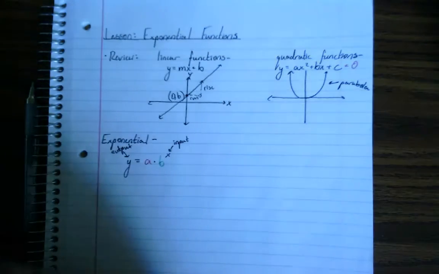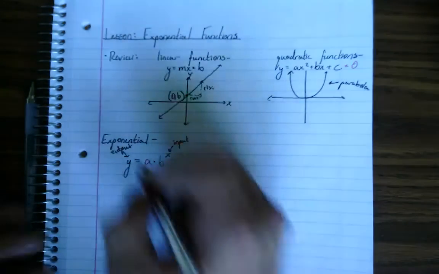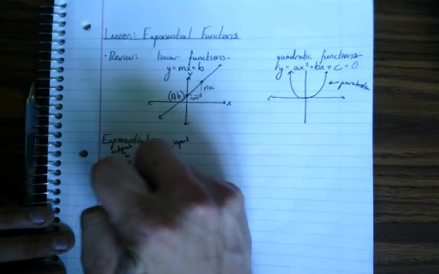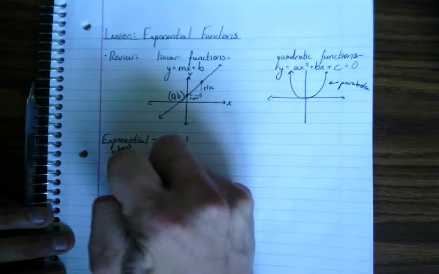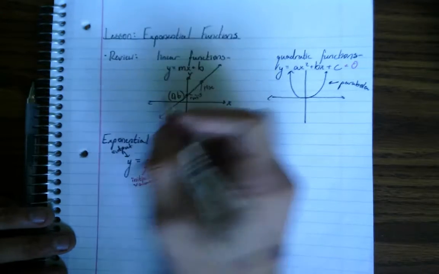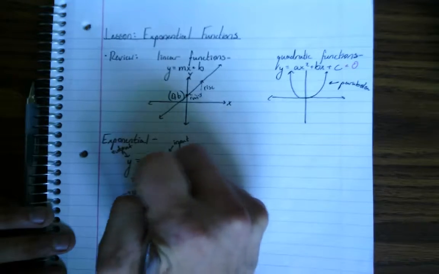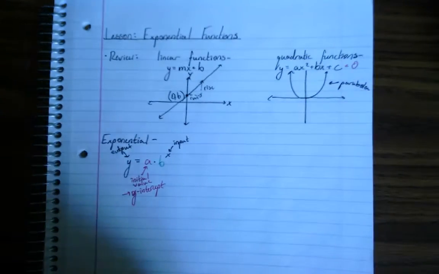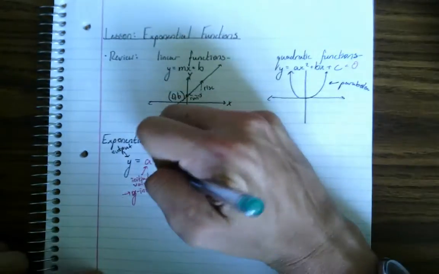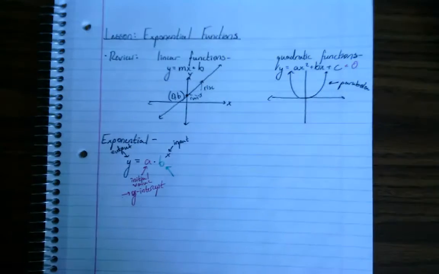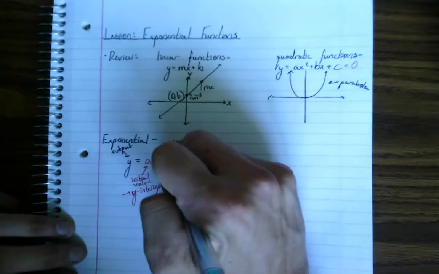And then in here we have our initial value. We'll see that this is actually our y-intercept, apologies. And that the b is going to be our base, or we call it the multiplier.